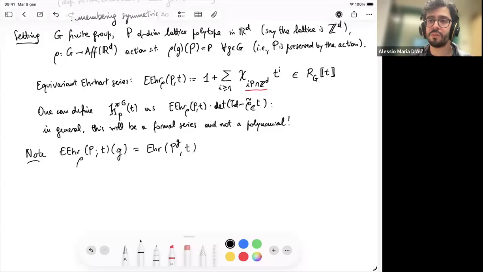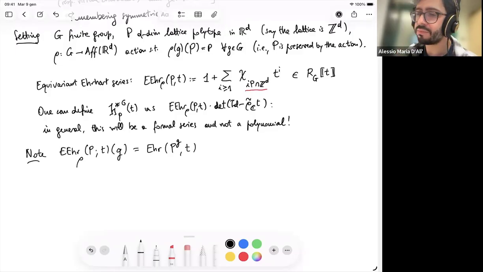This is not a lattice polytope anymore. It's a rational polytope in general, but you do get this equality. So in this sense, you get some object that remembers at once all the fixed polytopes. It's a nice object to have all at once because it gives you a lot of information that you would otherwise need to store separately.